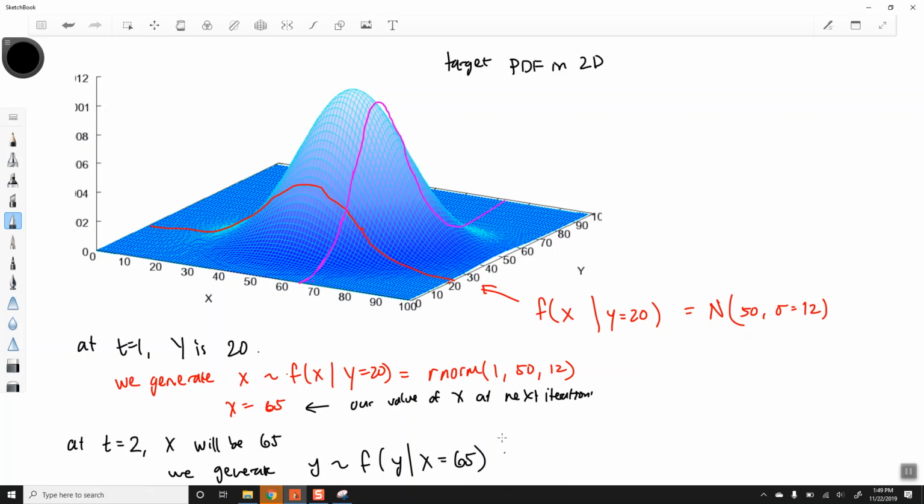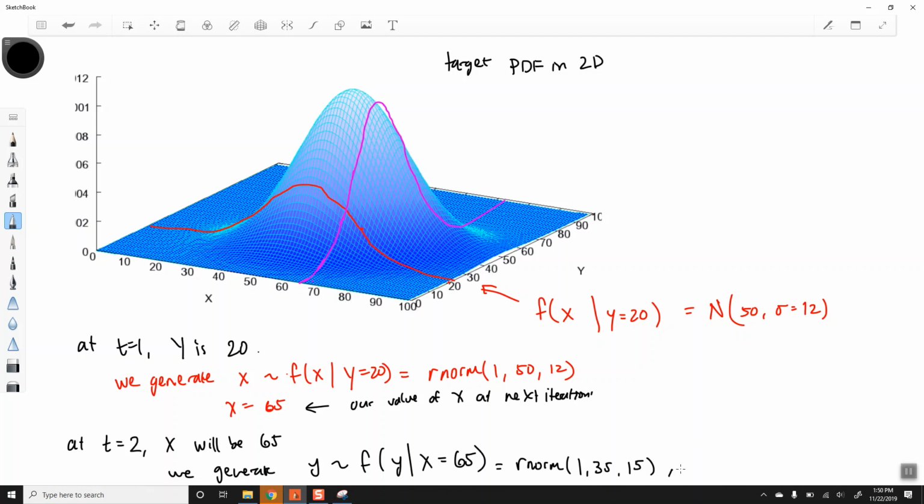This is equivalent to doing rnorm of 1, and I don't know what the mean is, maybe 35, and standard deviation 15 or something. I'm just making that up again. Then we generate a new value.